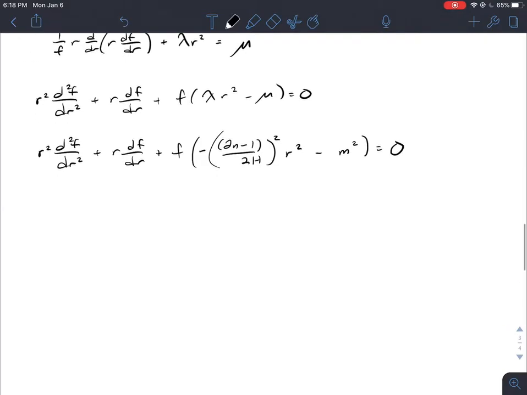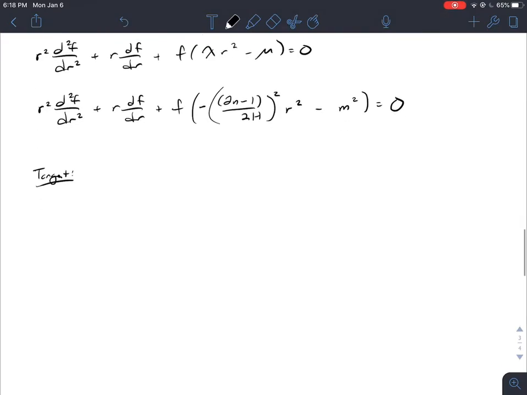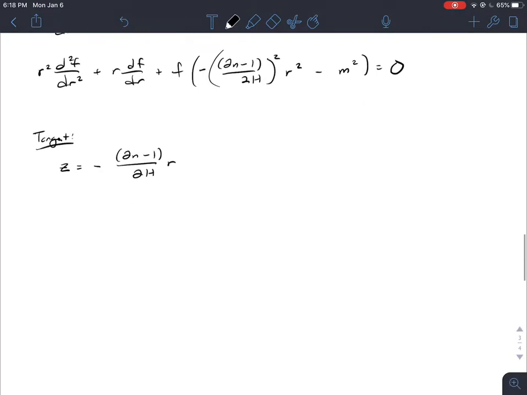So normally, this is a tangent right here, so just follow along. Normally what we did for Bessel's differential equation is that we set this variable z, the change of variables thing, let's call it zeta, so we don't mix it up with z from earlier, and we would set this variable as 2n minus 1 over 2h times r.